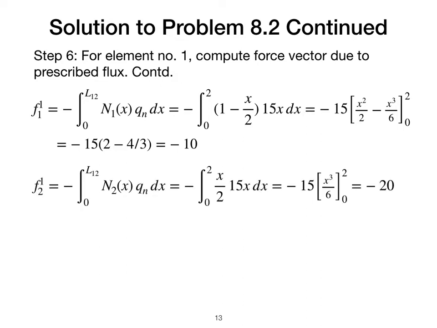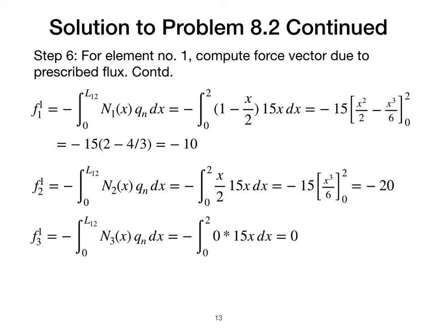Similarly, F12 we get equal to minus integral of N2 times Qn integrated from x equal to 0 to x equal to L12, that is 2, and the value we get is minus 20.